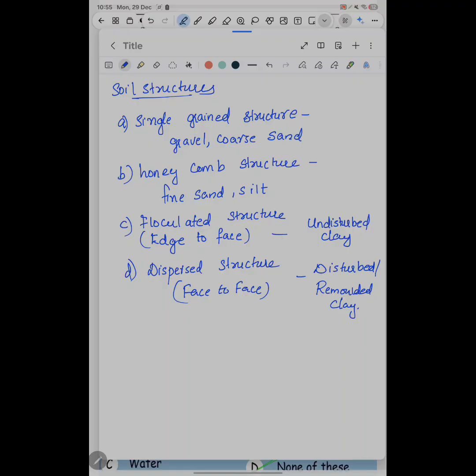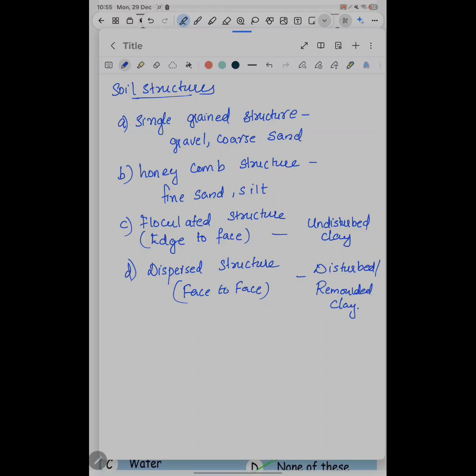Single grain structure for gravel and coarse sand, honeycomb structure for fine sand and silt. Then flocculated structure, also called edge to face structure, is for undisturbed clay. And the last one is dispersed structure, for disturbed clay or remolded clay, that is called face to face structure.